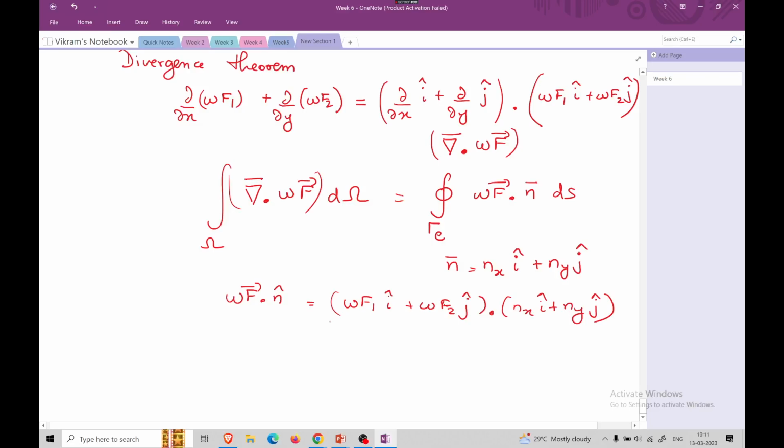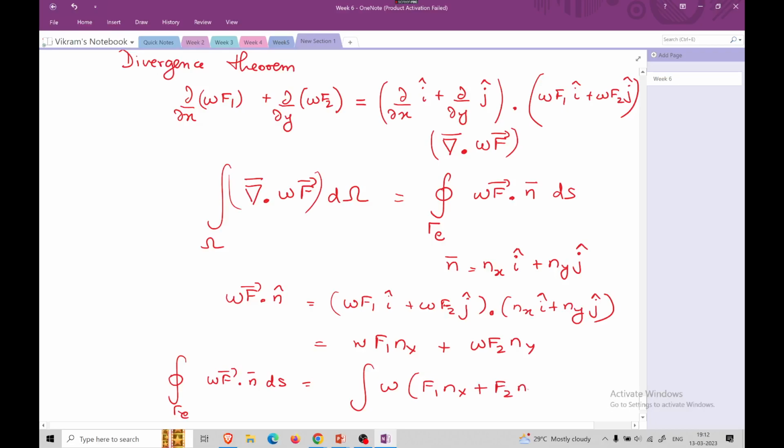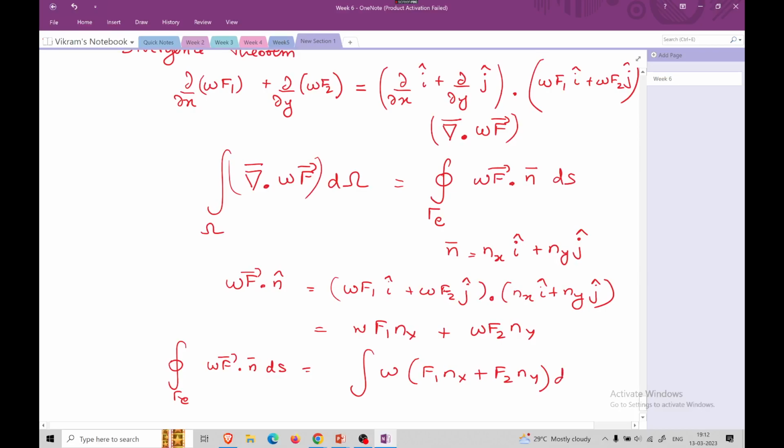So if I expand this, i cap will be wf1 nx, then j cap will be wf2 ny. So this is a dot product of two vectors, which is now a scalar. So my boundary integral is going to be simply w times f1 nx plus f2 ny into ds.